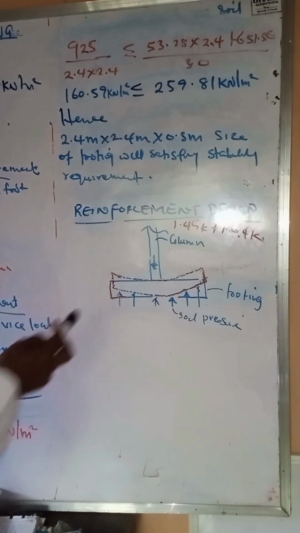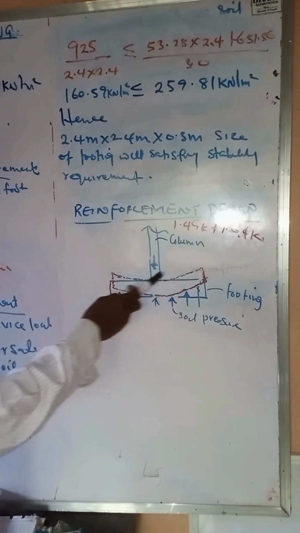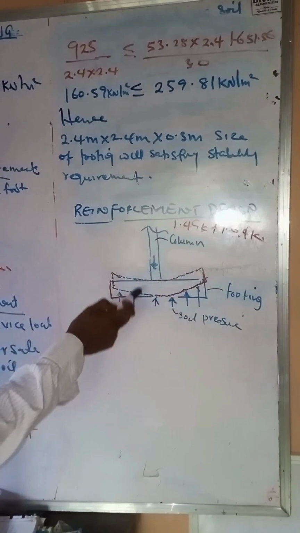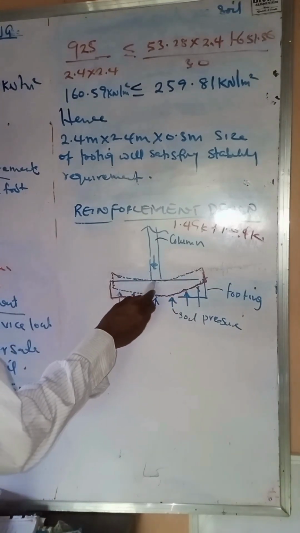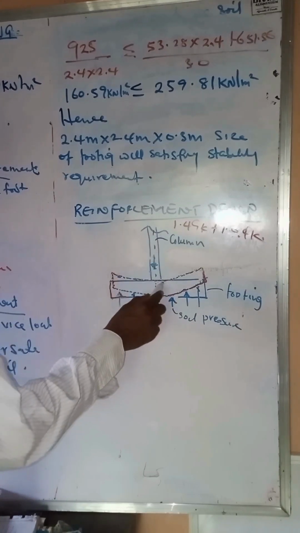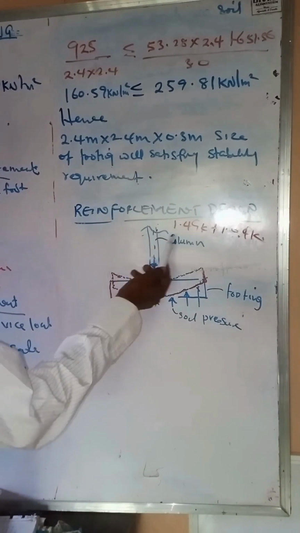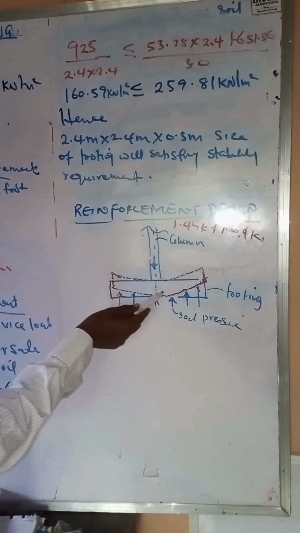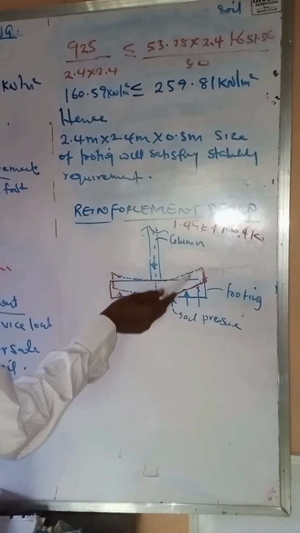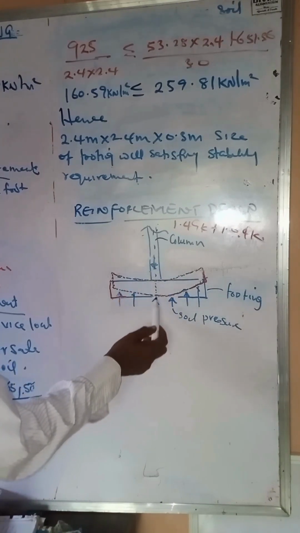So like you can see, when this gravity load comes up, it will result in some sort of bending at the edge of the footing. Now, this part of the column will act as a what? As a cantilever. So we have a cantilever. This is assumed to be a column. Of course, this is a column. So we have it bending in one direction due to pressure and due to the load acting at this point.